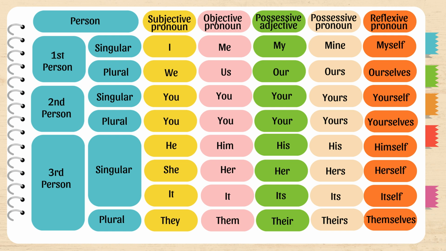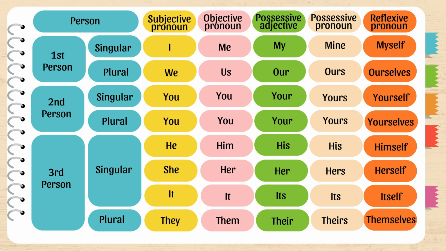Subjective pronoun will be I, we, you, he, she, it, they. With objective pronoun, they will be me, us, you, him, her, it, them. Possessive adjective include my, our, your, his, her, its, their.